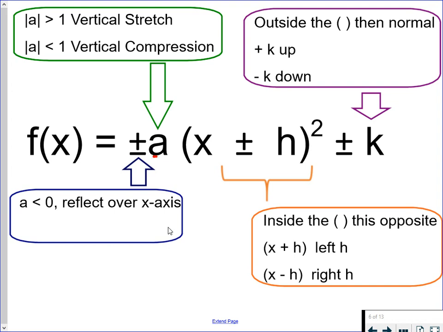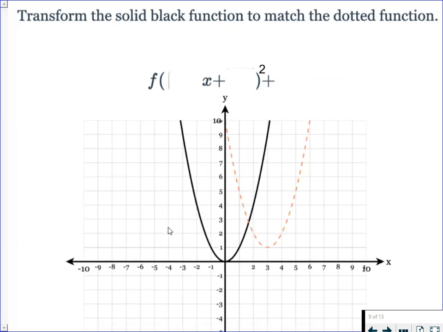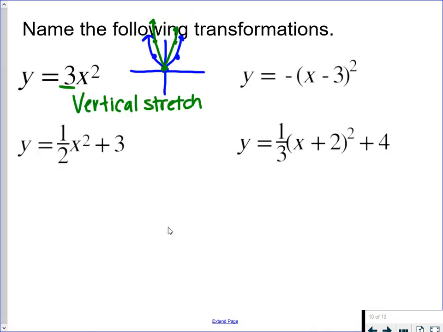So only the number value is your vertical stretch or compression. The negative that's in front reflects over the x-axis. And so we'll get to a point too where we'll include reflecting the y-axis, but not with quadratics, okay? So reflects the x-axis, okay? And what was the other one? Right 3.